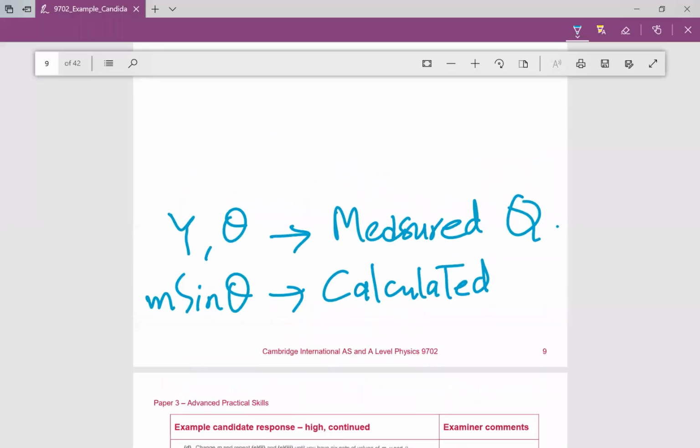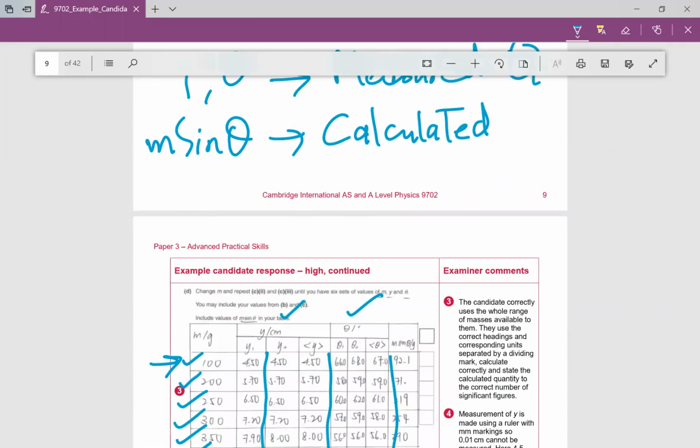For a measured quantity, you need to be very careful about the decimal places. But for a calculated quantity, you need to be careful about the significant figures.